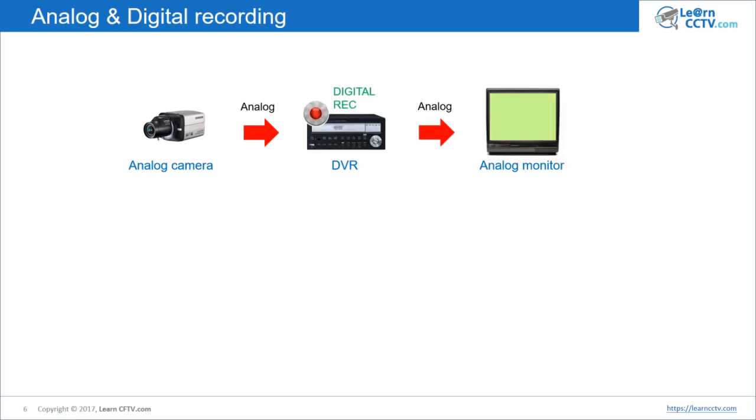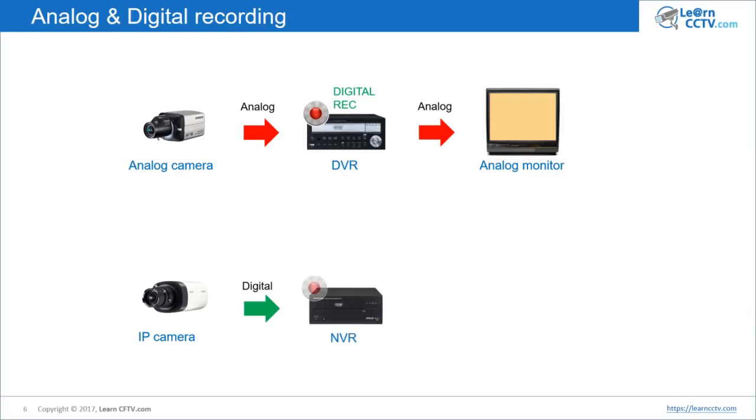And then you have your image here, your video here, and you can also compare here with IP cameras. It's the same principle. You have a digital image going to a DVR, and then record those videos, and you can send in digital format to a monitor, right? It's pretty easy, pretty basic.